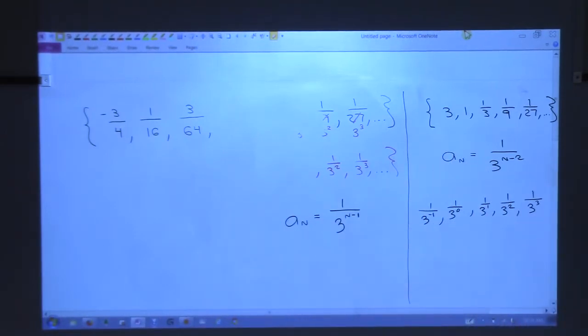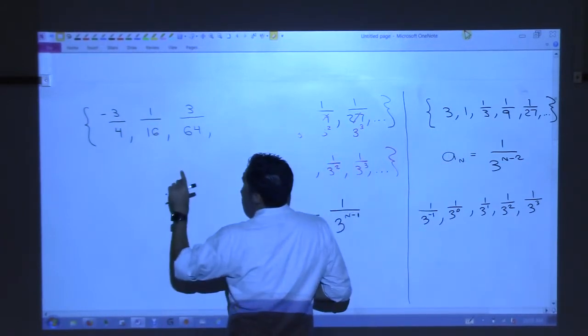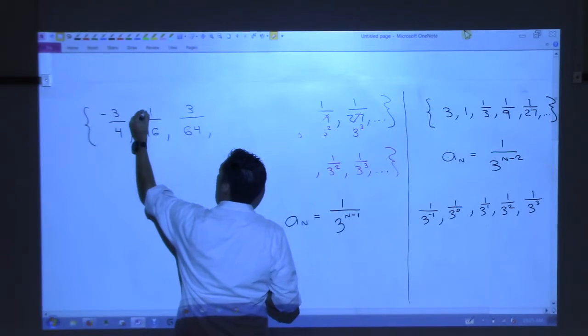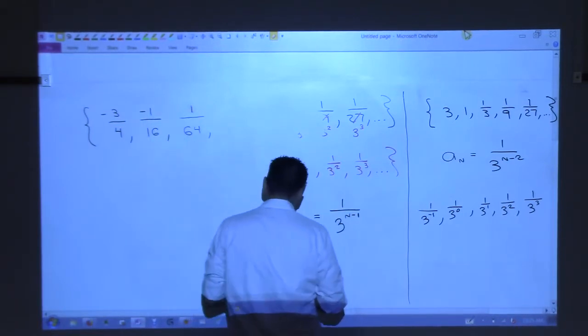Just want to double check this real quick. Got to make sure it works the way I want it to. Why am I missing? This was supposed to be negative 1, 1, and then we'll do one more.